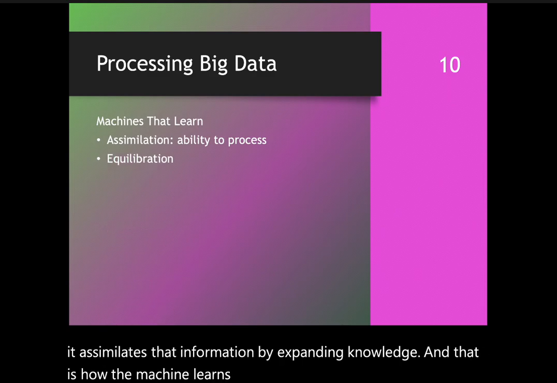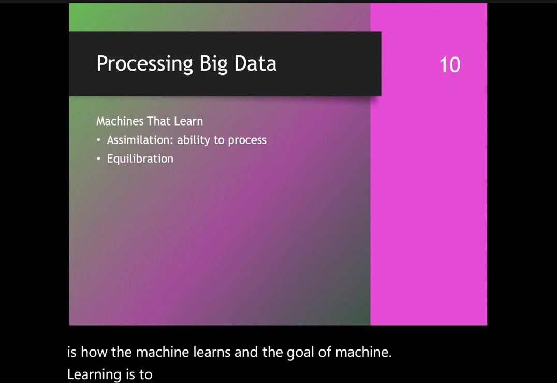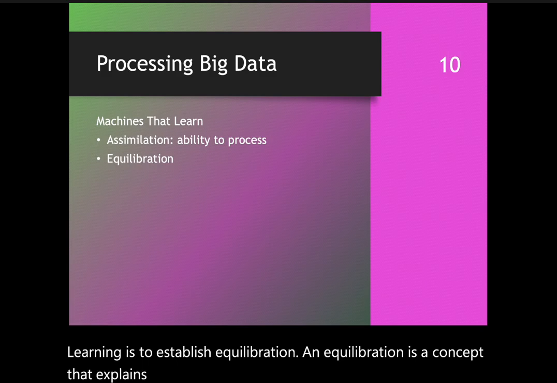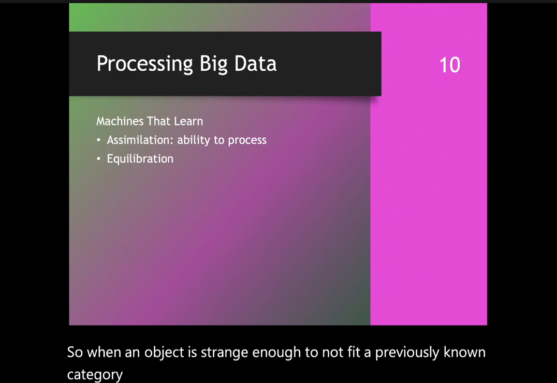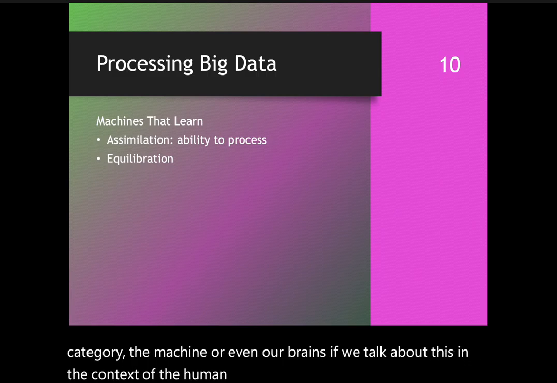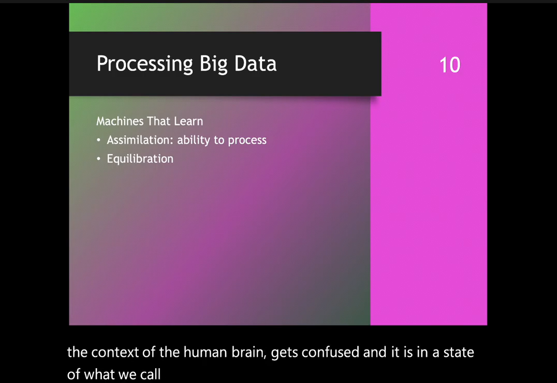And the goal of machine learning is to establish equilibration. And equilibration is a concept that explains the transition from assimilation to accommodation. So when an object is strange enough to not fit a previously known category, the machine, or even our brains, if we talk about this in the context of the human brain, gets confused and it is in a state of what we call disequilibrium.